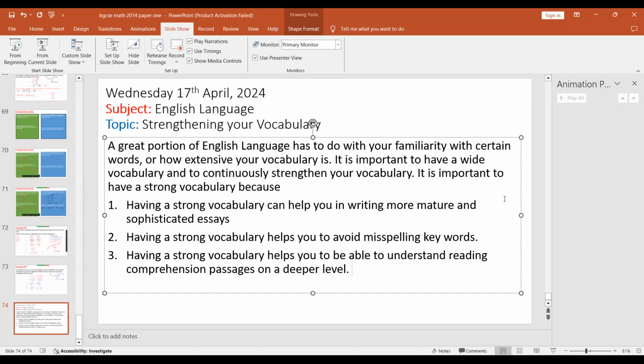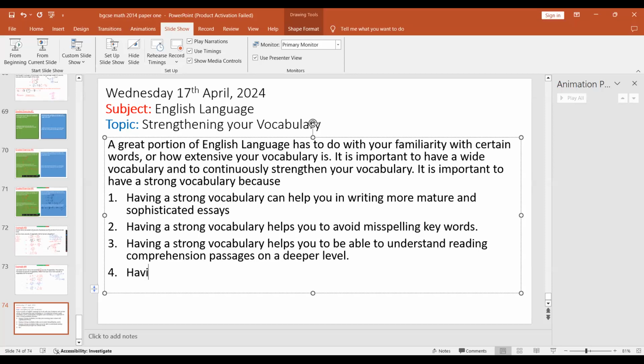So you could imagine reading something inside of your exam, and because you don't understand what these words mean, you don't really understand what the passage is about. You don't really understand what the author is trying to say, right? So if you have a strong vocabulary, then you'll be able to understand what the passage is saying, and you'll be able to answer the questions better because you understand what the passage that you read was saying, right?